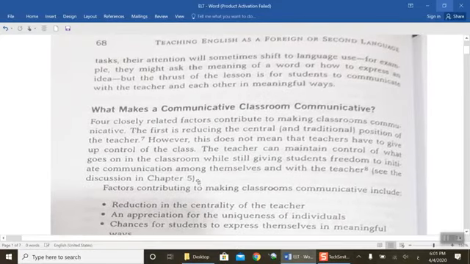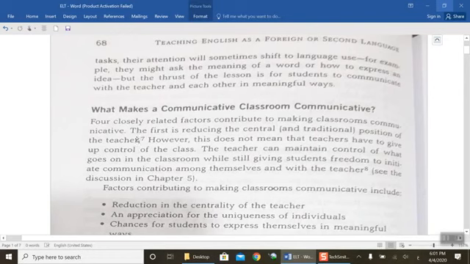So these four factors. Number one, reduction in the centrality of the teacher. Centrality is reducing the central and traditional position of the teacher.